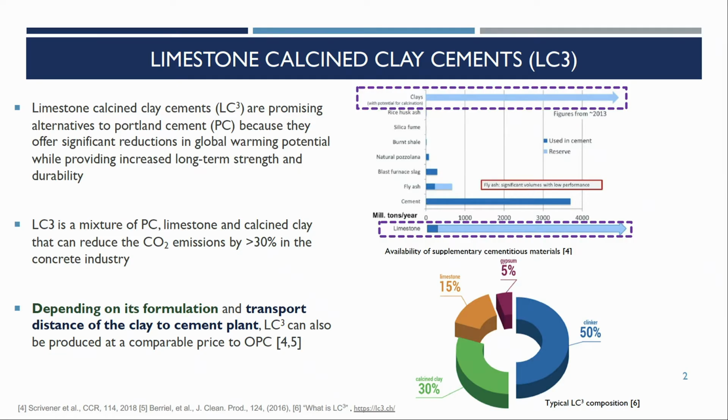Most of my talk concerns a more sustainable binder for concrete called limestone calcined clay cements. The goal is to reduce at least 50% of the clinker with a combination of limestone, calcined clay, mostly based on kaolin, and gypsum.